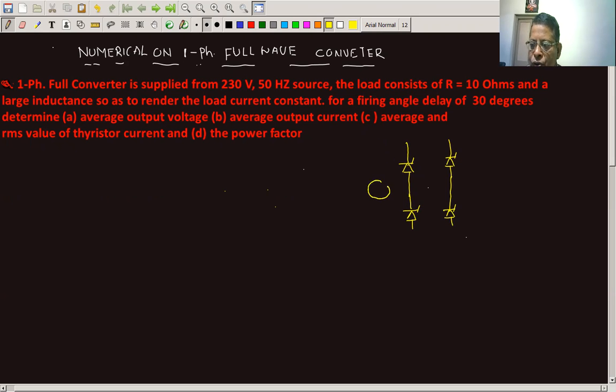This is the AC source. Here it is connected A, here it is connected B. Across these two terminals, load is connected. Here the load is RLE.